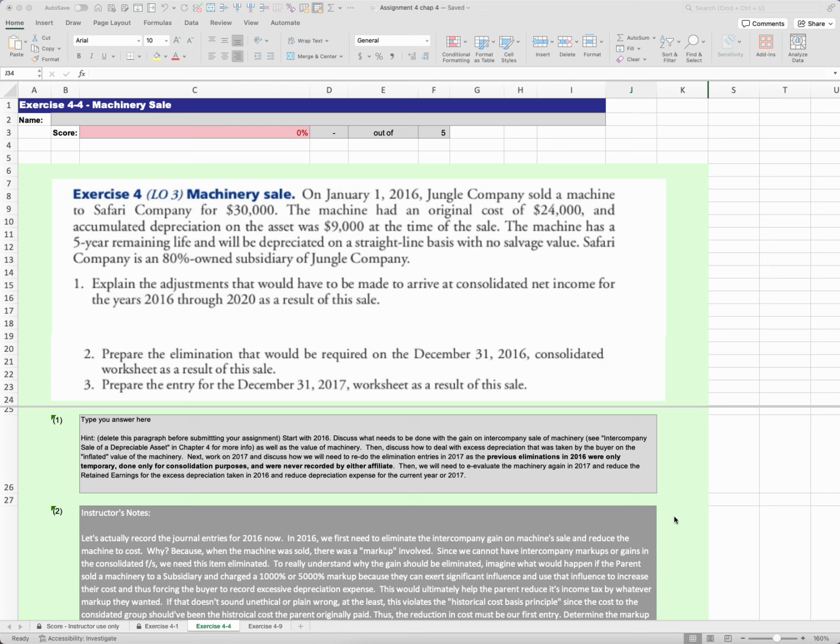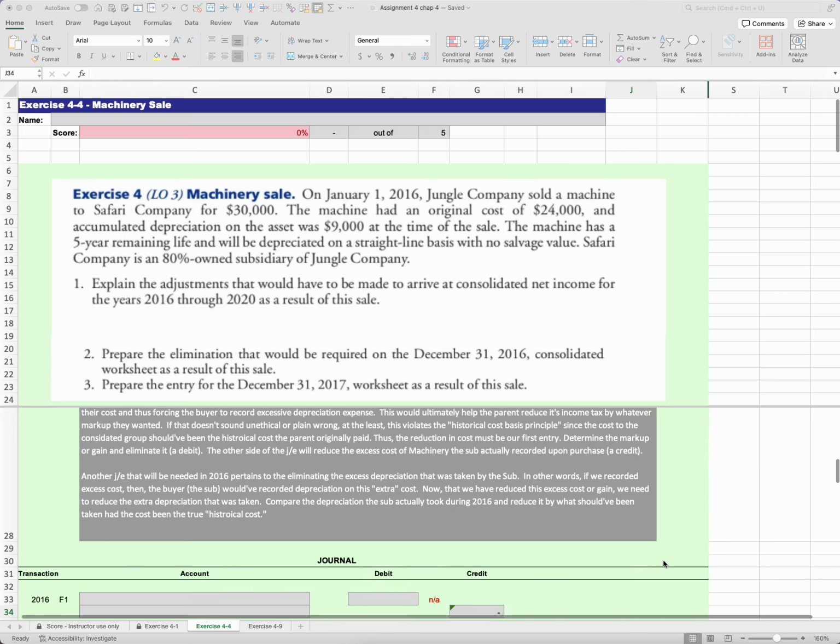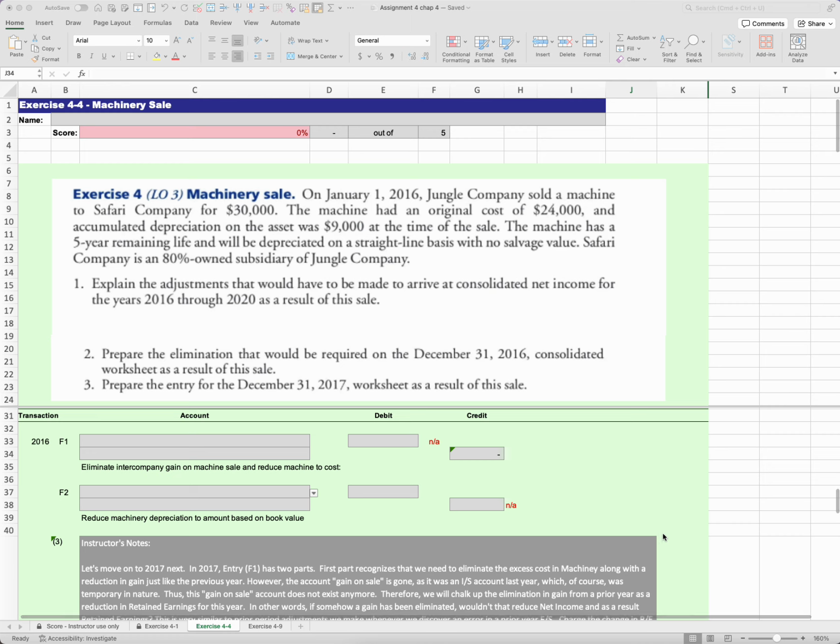However, because this is an intercompany transaction and in consolidations, we typically do not allow intercompany gains or appreciation of assets to be made. This $15,000 right off the bat must be eliminated.